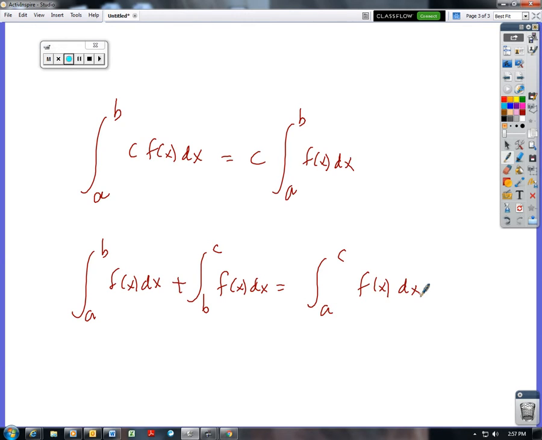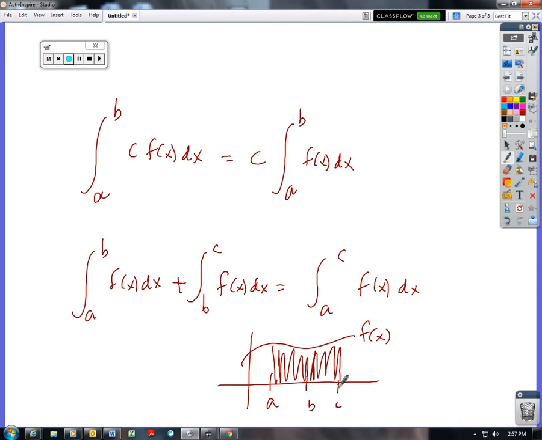That was because, say here's f, here's a, b, c. The first integral from a to b would give you this area. The second integral from b to c would give you this area. And that's equivalent to an integral from a to c. So that's the property. And then the last property there is pretty much common sense.